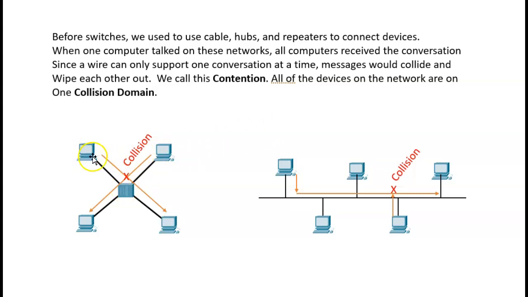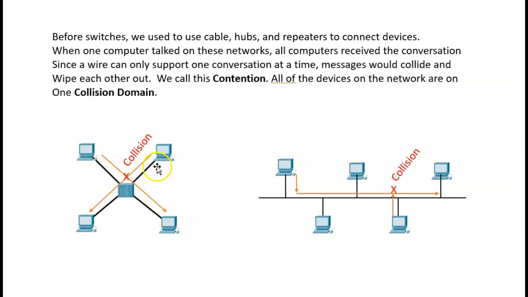So here's what happens. Let's say that this PC up here in the upper left wants to talk to this PC down here in the lower right in this first illustration. And at the same time, this one in the upper right wants to talk to the one in the lower left. Well, these are communicating via voltage on the wire.